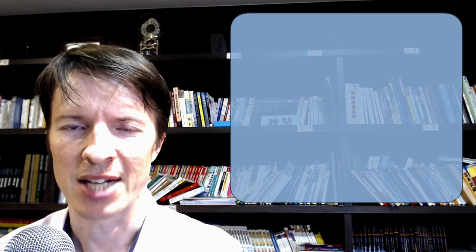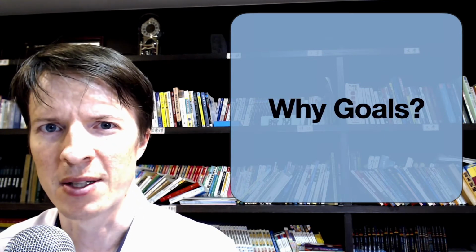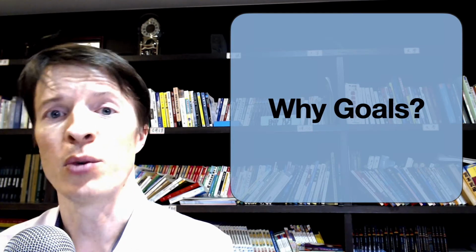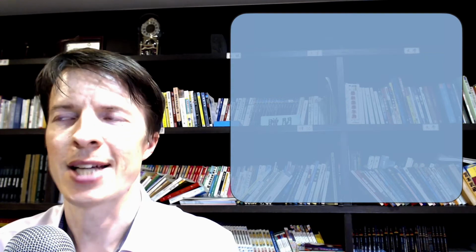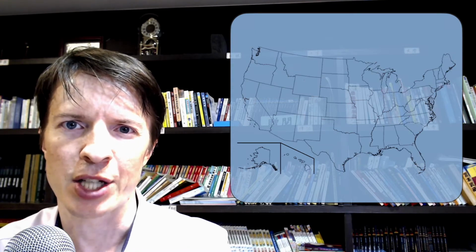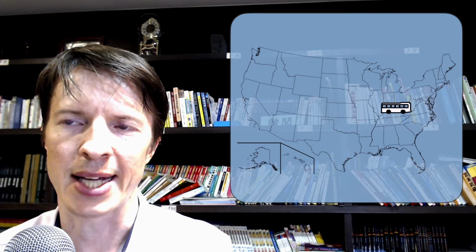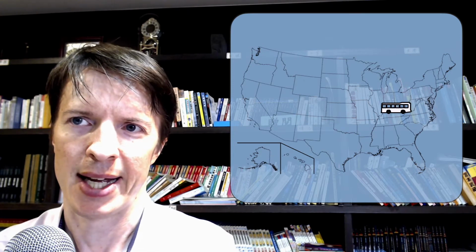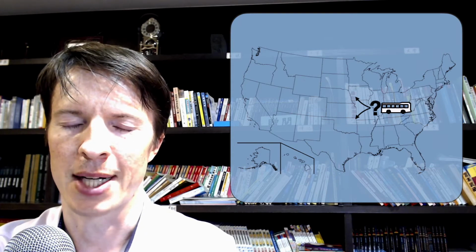But before I talk more about each of these attributes, I want to take a step back and think about why we have goals in the first place. There are really 3 reasons. Anytime that you're teaching a class, it's kind of like you're taking a group of students on a road trip and you're taking them to some new destination. If you don't know what that destination is, then that's a problem.